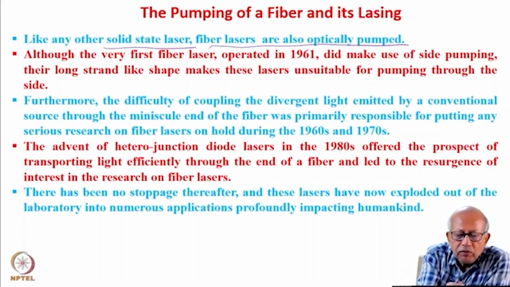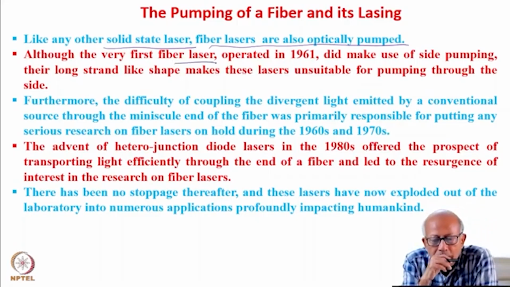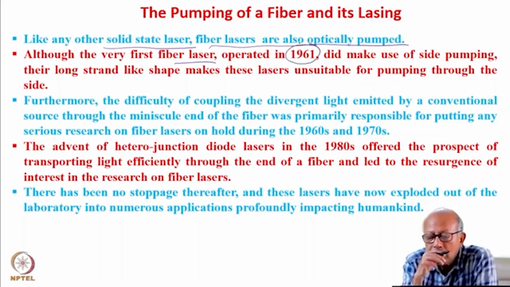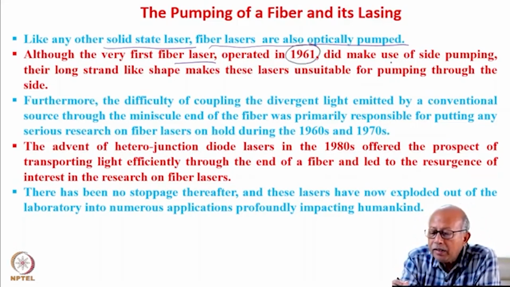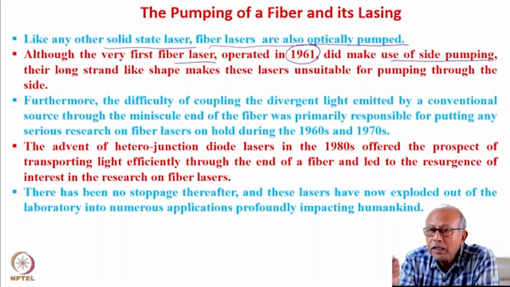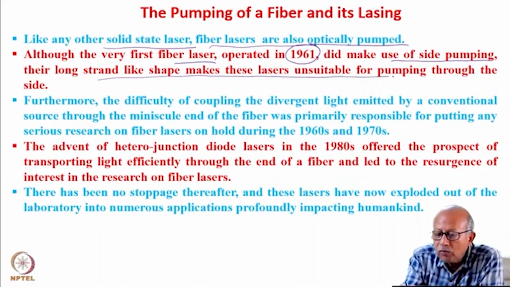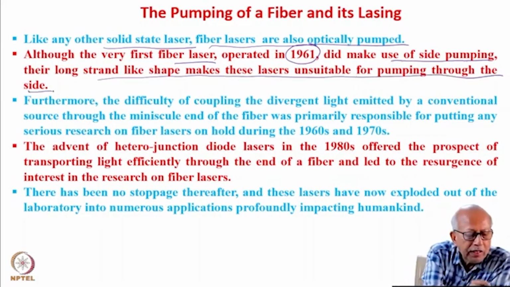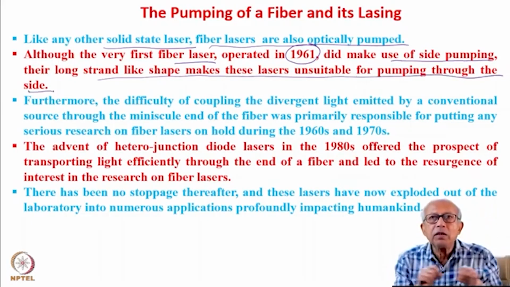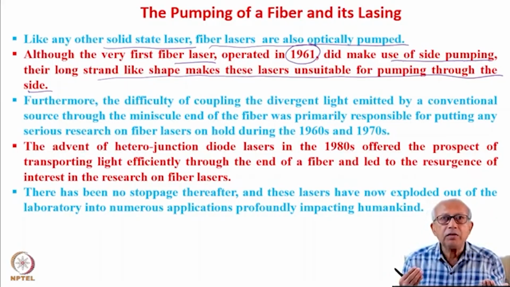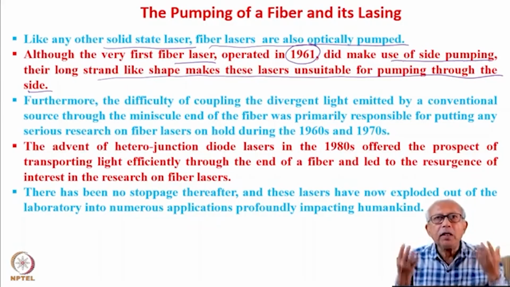Although the very first fiber laser, operated in 1961, did make use of side pumping, their long strand-like shape makes this laser unsuitable for pumping through the side, because the huge surface area that it presents is very inefficient for pumping through its side.